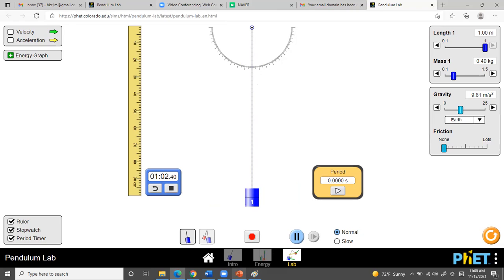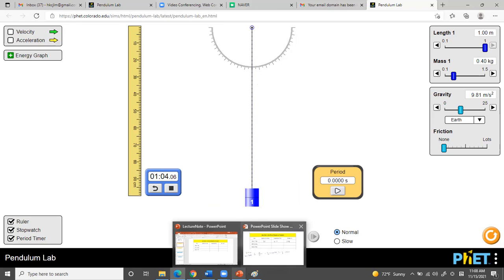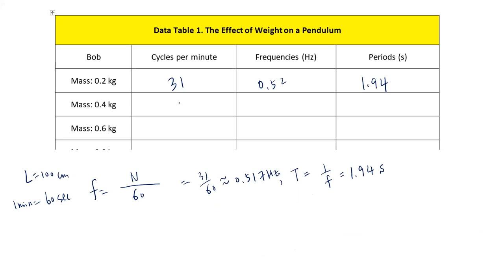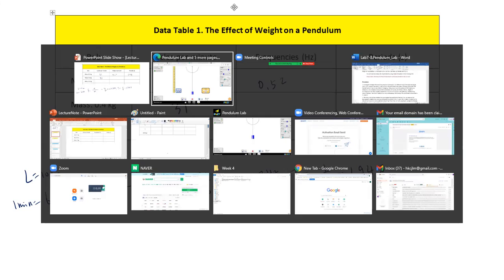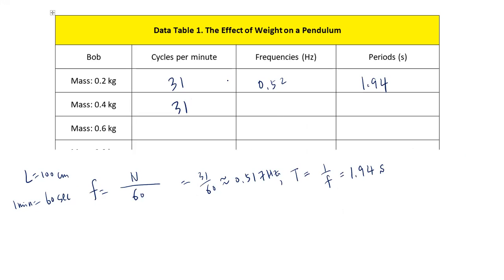Yes, just 31. We can see, oh, it's the same, 31, that's the same, 0.52.